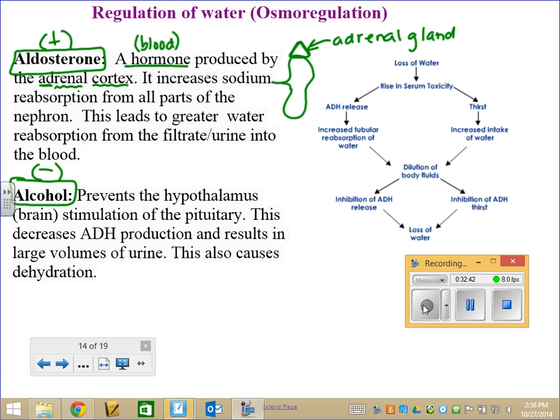In any case, aldosterone increases sodium reabsorption. That is its function. So aldosterone is not directly affecting water. But if I increase sodium reabsorption in all parts of the nephron, this leads to greater water reabsorption.